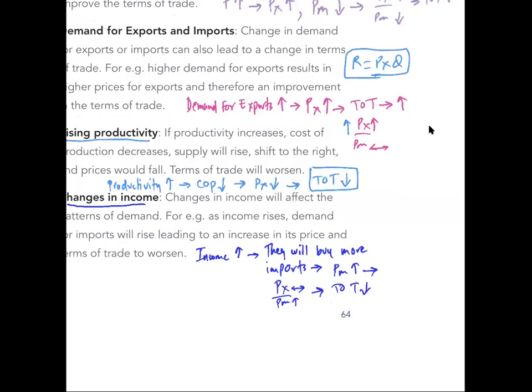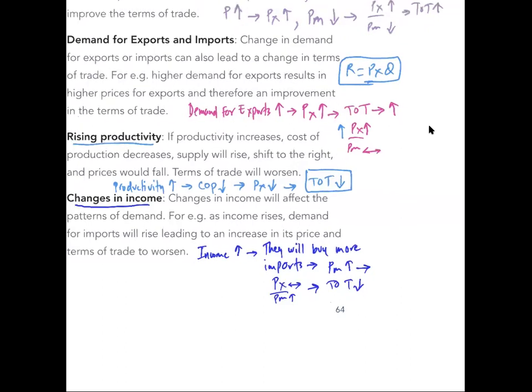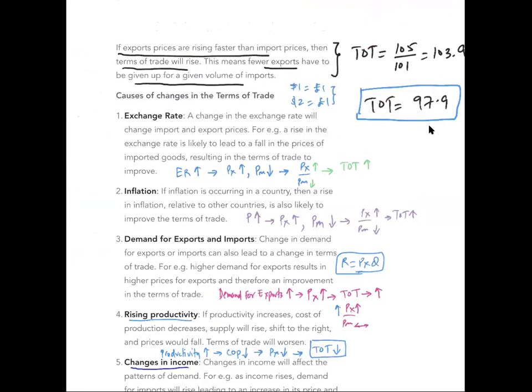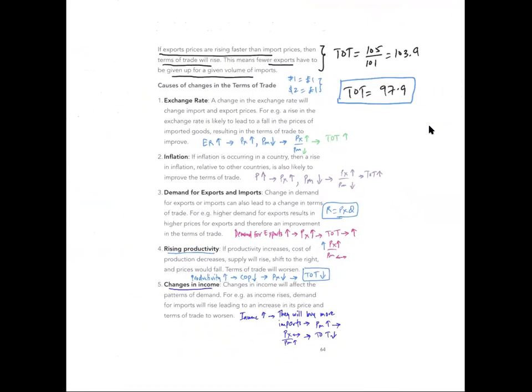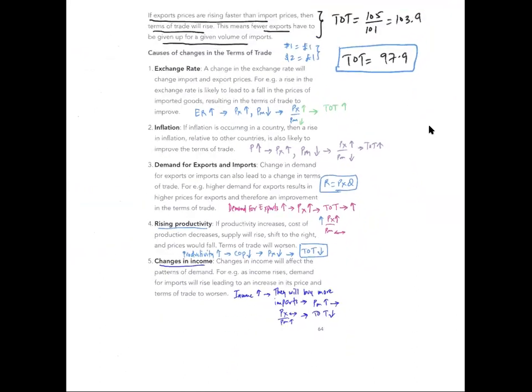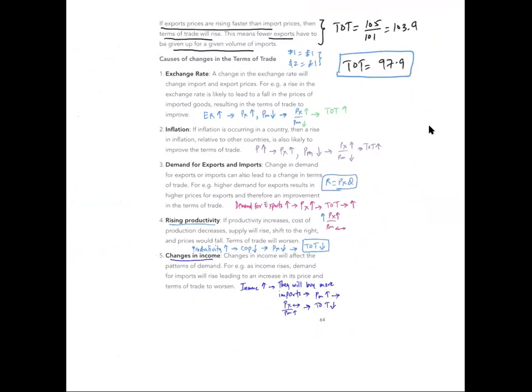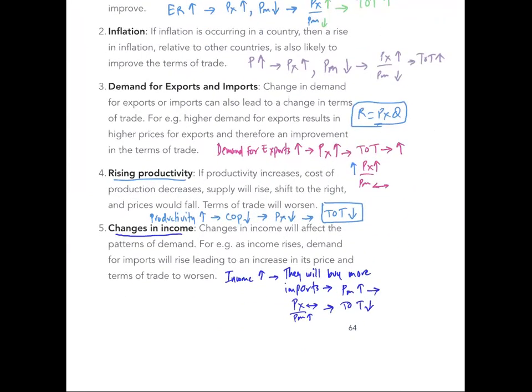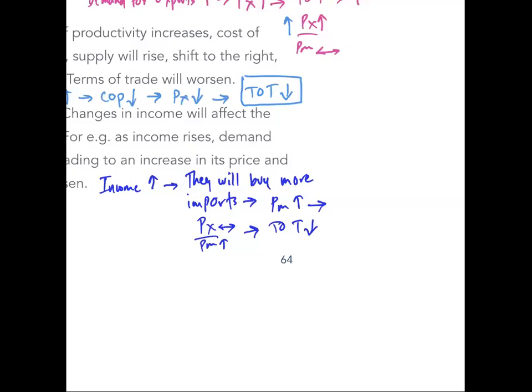And then you talk about the idea that there are various factors that can make the terms of trade change, such as exchange rate, inflation, demand for exports and imports, productivity, and changes in income. Make sense? So this is what the discussion about terms of trade is. Is there any question before we move on? Got it? Does that make sense?